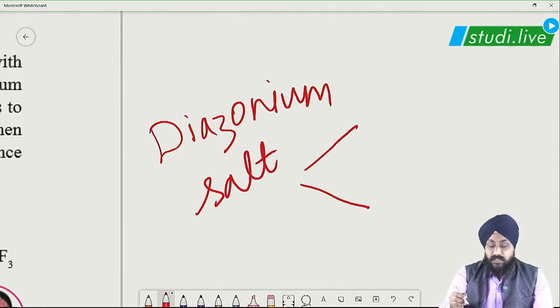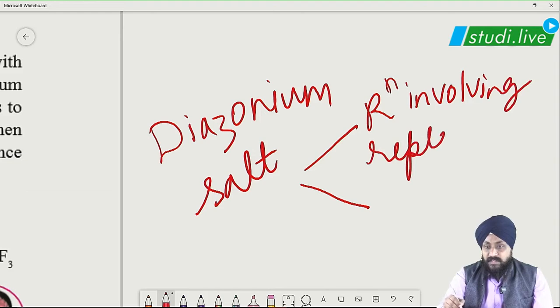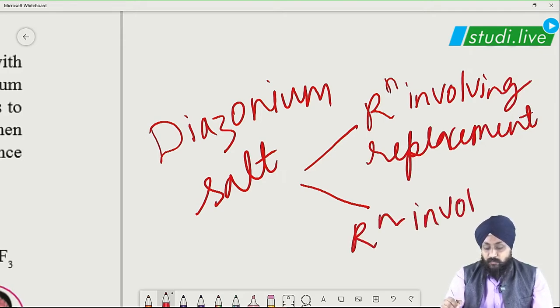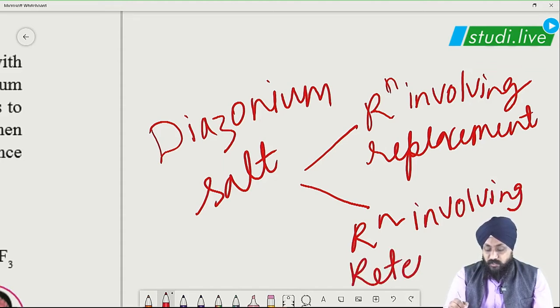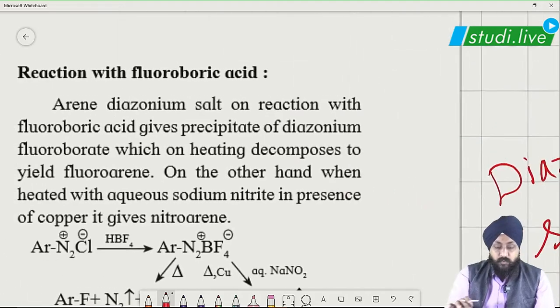One is going to be reaction involving replacement of diazonium group. And another one is going to be reaction involving retention of diazonium group, students.